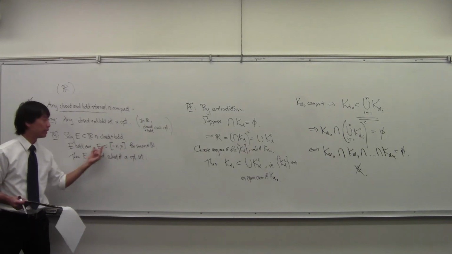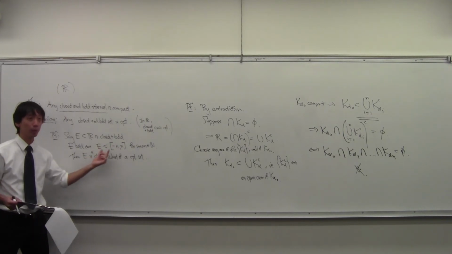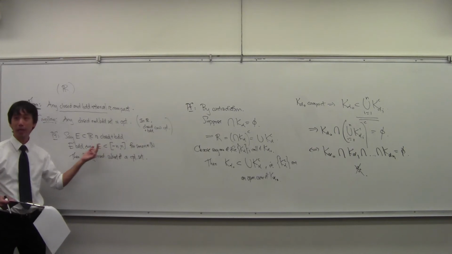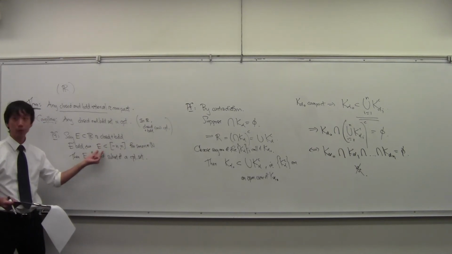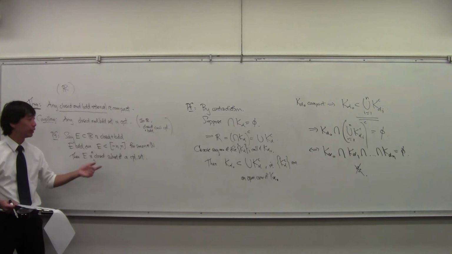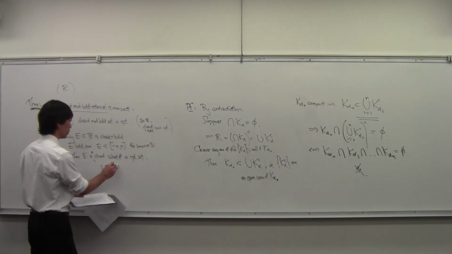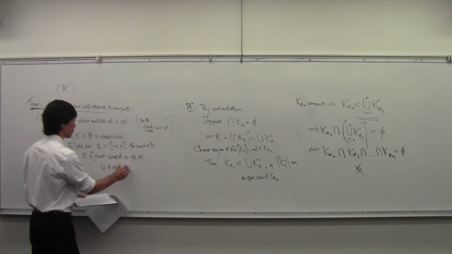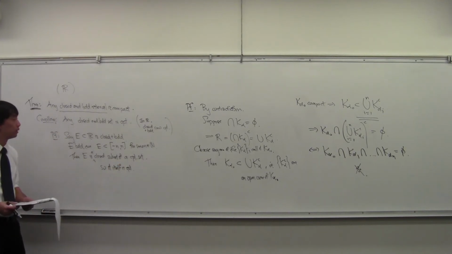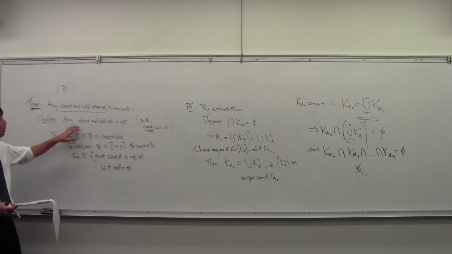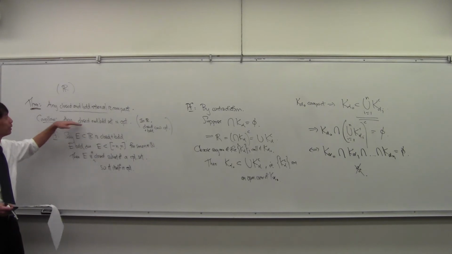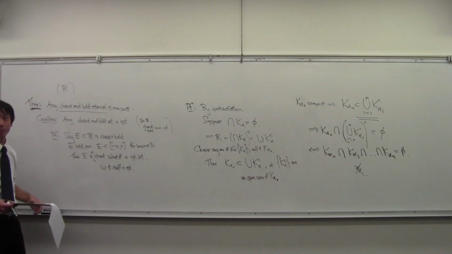So E is contained in a compact set and it's closed. And we showed last time that if you're a closed subset of a compact set, then you yourself are compact. So E itself is compact. This is not the hard part. The hard part is proving the first part, that any closed and bounded interval is compact.